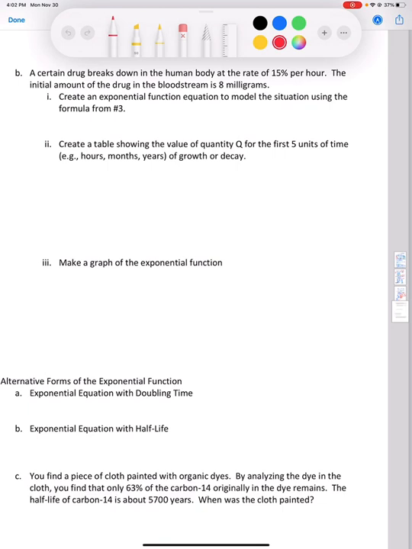Create an exponential function equation to model the situation using the formula from number 3. Okay, so our formula again is Q, the quantity that we have, is equal to Q sub 0 times 1 plus r to the t.